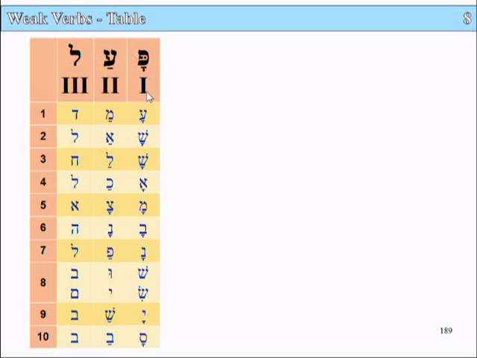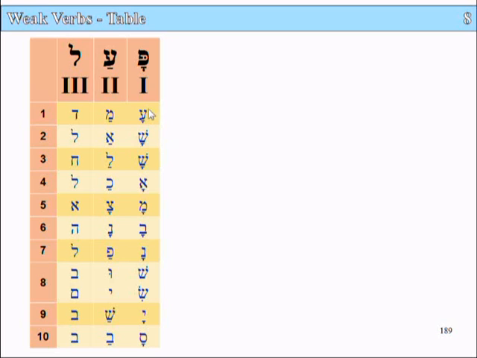So a letter in position 1 is either called a position 1 letter or a pay letter. A letter in the second position is called a second position letter or an ayin, and third position is also called a lamed position. In any case, let's have a look at this example.